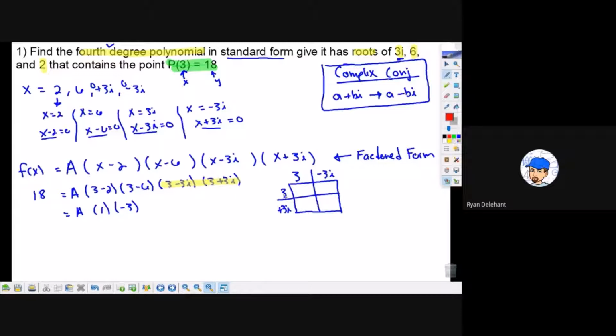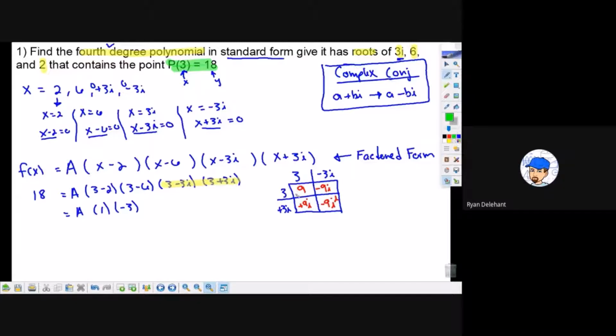So we'll follow that same process we always have. This is 9. Negative 3 times a positive 3 is negative 9, and it has an i. 3 and positive 3i is positive 9i. And negative 3 and positive 3 is negative 9. And i times i is i squared.